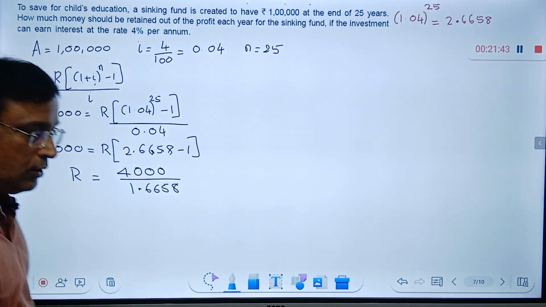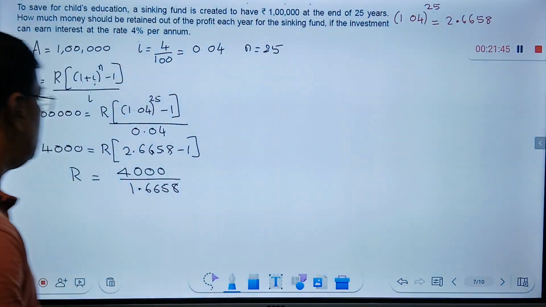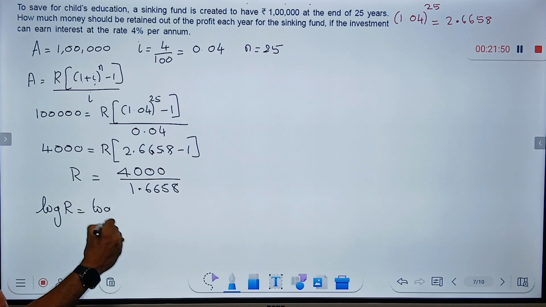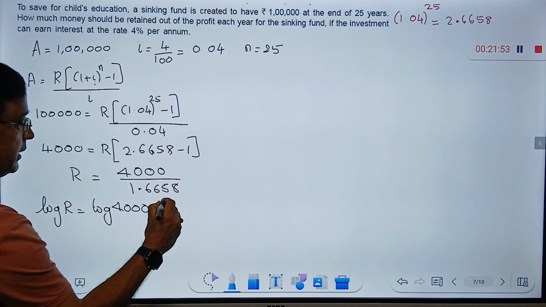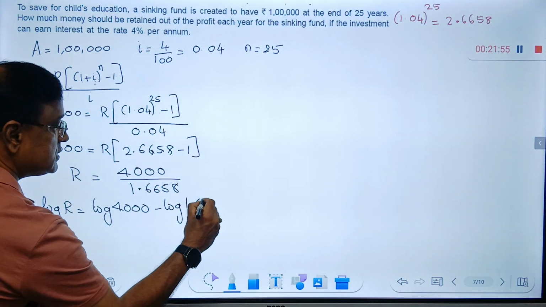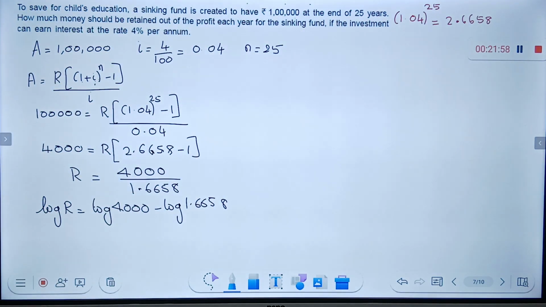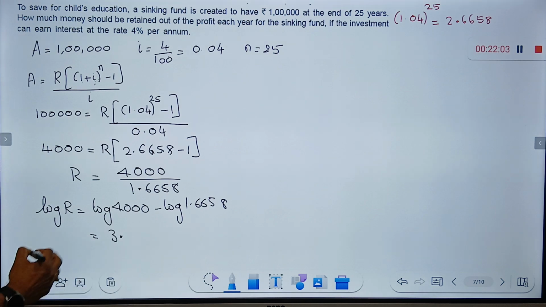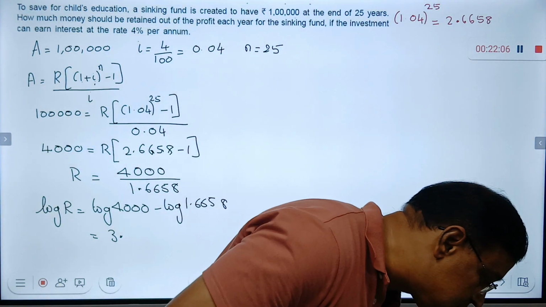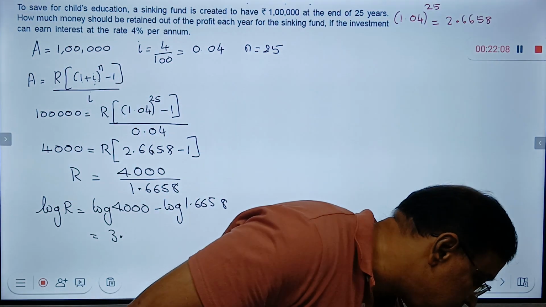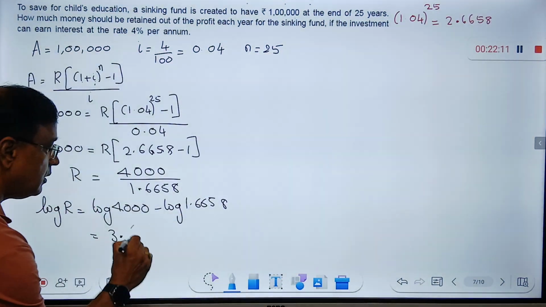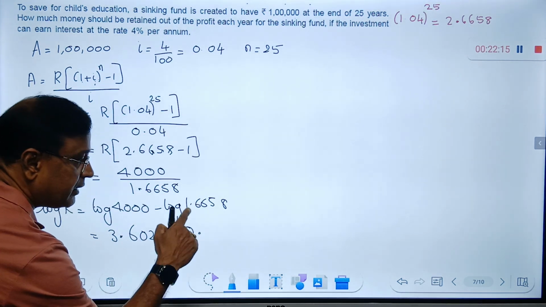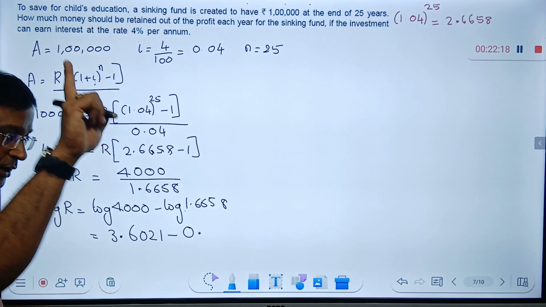Okay. Now I have to take logarithm. How do I take logarithm? Log R equal to log of 4,000 minus log of 1.6658. This is a 4-digit number, so the characteristic is 3, and the log 4 value is .6021 minus 0 point, characteristic is 0 because it's a 1-digit number.